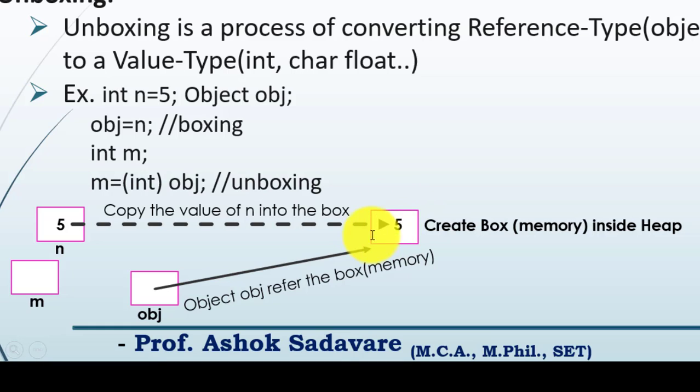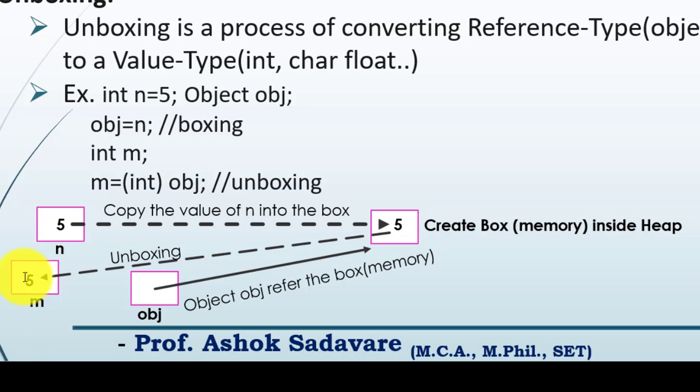The box value, that memory value, is 5, and obj refers to that memory. Next, when you assign obj, the object type variable, to the value type variable, then there is the unboxing process. It means the copy of the value of the box, that is memory, is copied into the m variable. That is called the unboxing process.